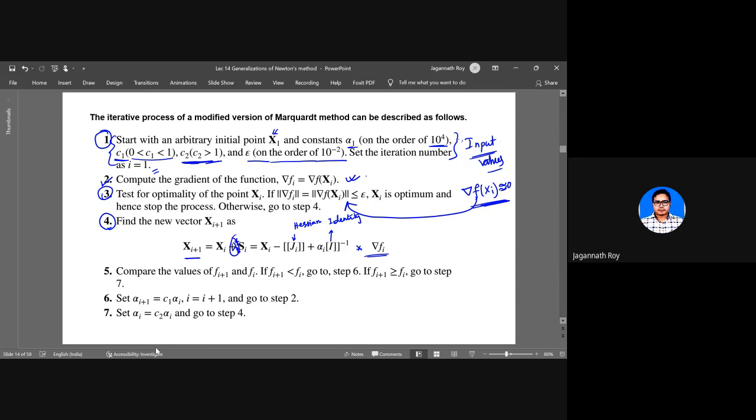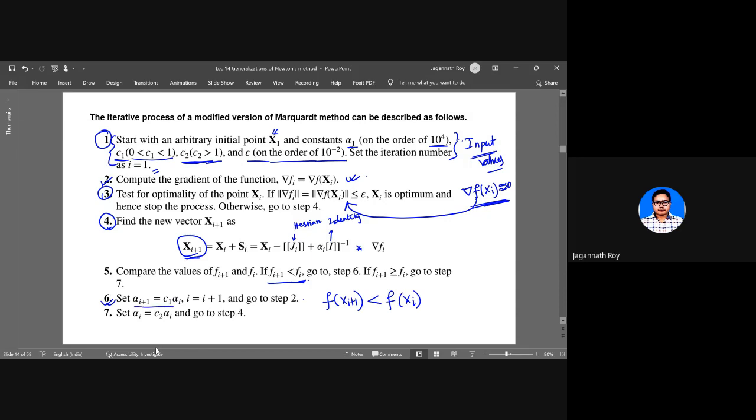We are directly imposing the direction. Thus, after finding this value, we have to find f of xi plus 1, and if we verify that this is less than f of xi, the functional value in the previous step, then we move to step 6.